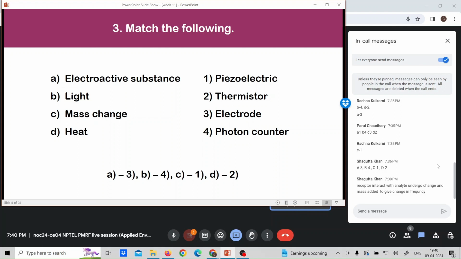Just keep the piezoelectric effect in mind. Imagine individual molecules. When we add mass to them, the frequency and the oscillations are going to change, and this change in oscillation will be detected. The change in oscillation can be brought about by stress or by voltage.